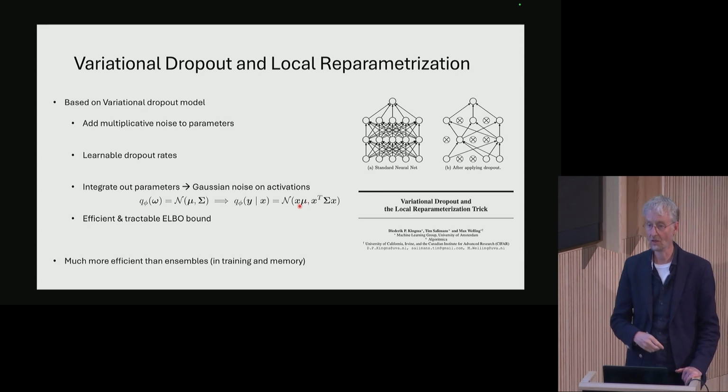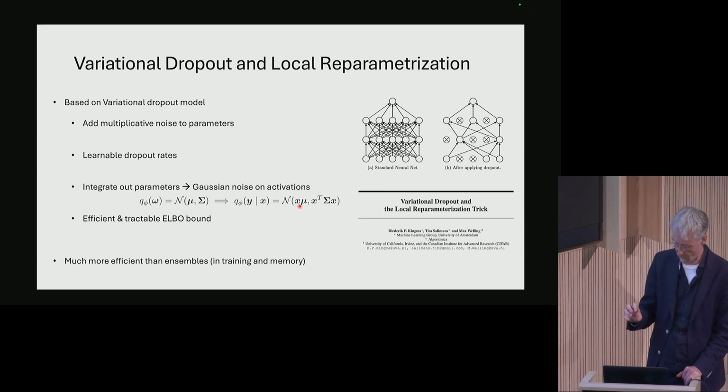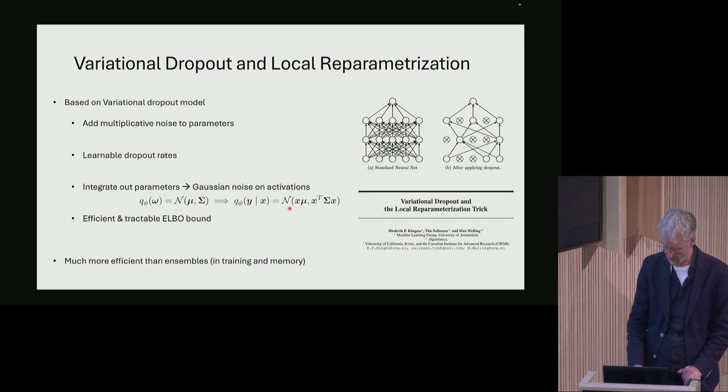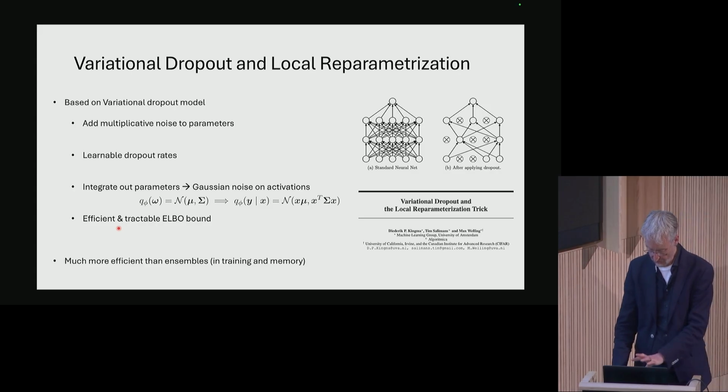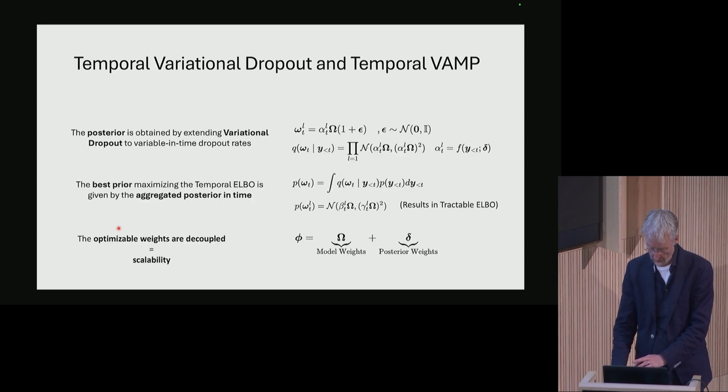That makes the whole thing a lot more efficient and reduces variance. You can find it in this paper. In the end, it all becomes very tractable. It's an efficient bound. That's the original paper, and I want to emphasize it's much more efficient than ensembles in both training and memory.